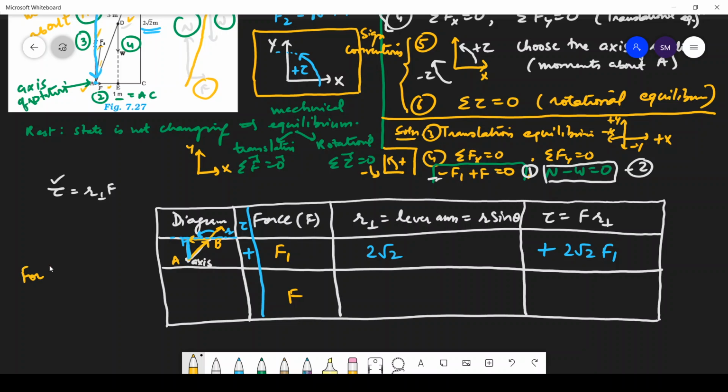That is the advantage of taking the axis of rotation at A. For N also, R perpendicular is equal to 0. So tau is equal to 0 for case number 2 and case number 3. For both the cases, tau equals 0. So now we are left with only one force, that is W.